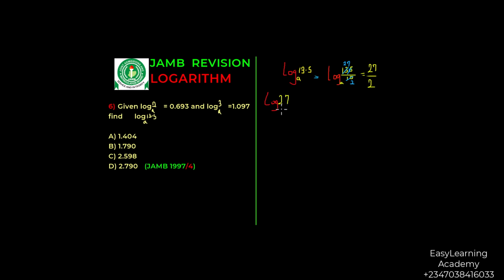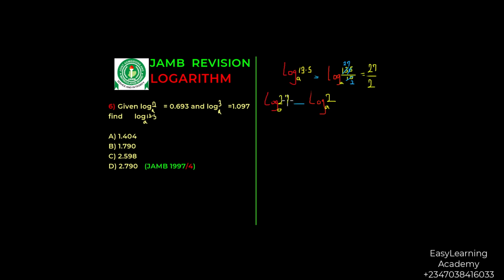Since we have a division, it's going to be subtraction, minus the denominator, which is log 2 base a. Now looking at the equation, we don't have any value assigned to 27, but we have values assigned to 2.